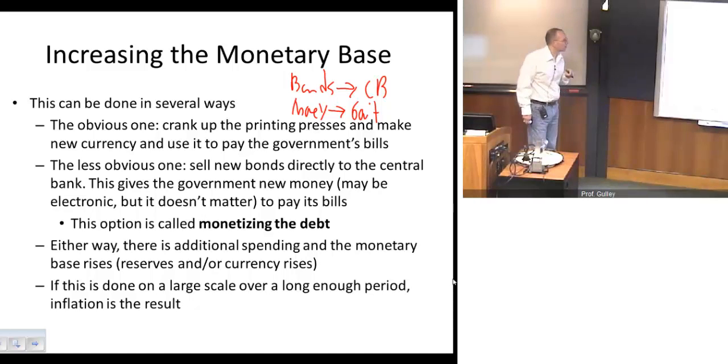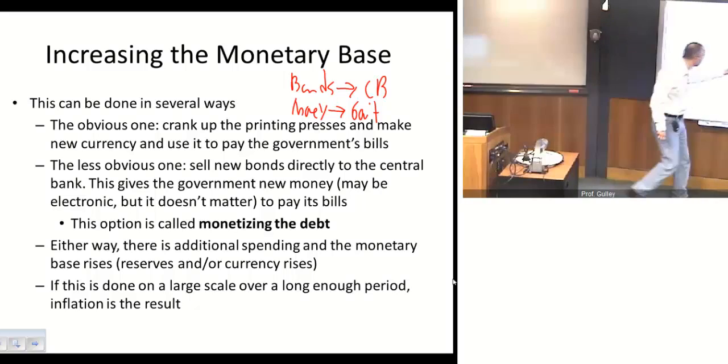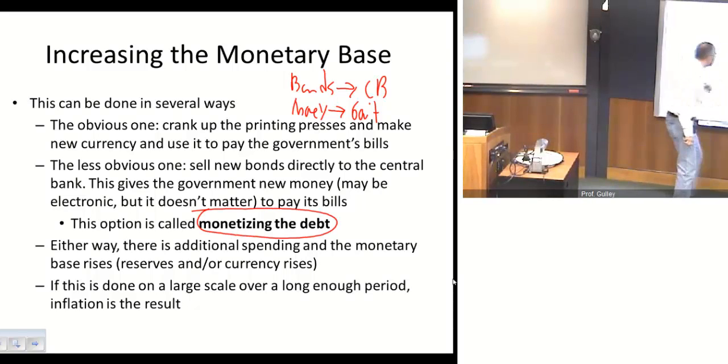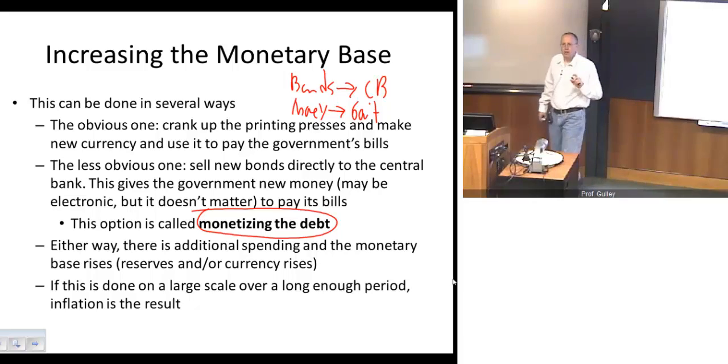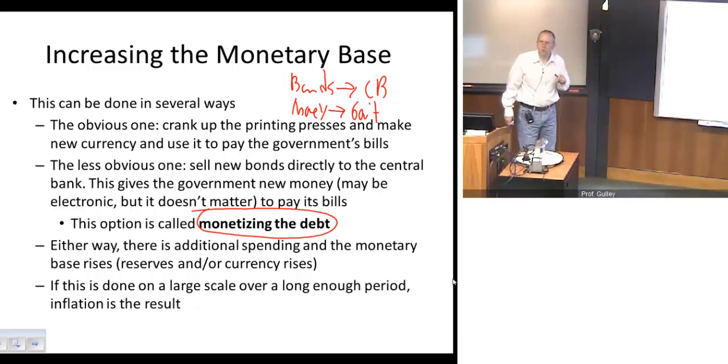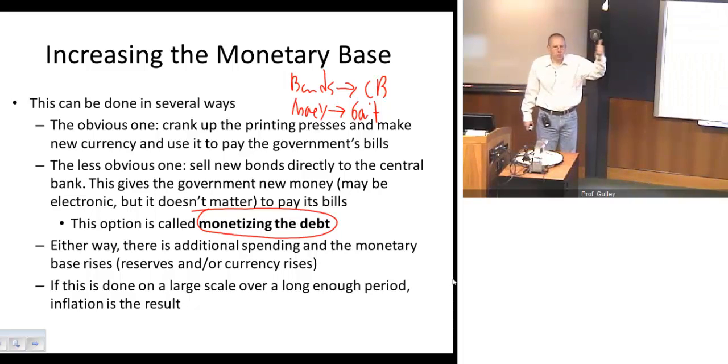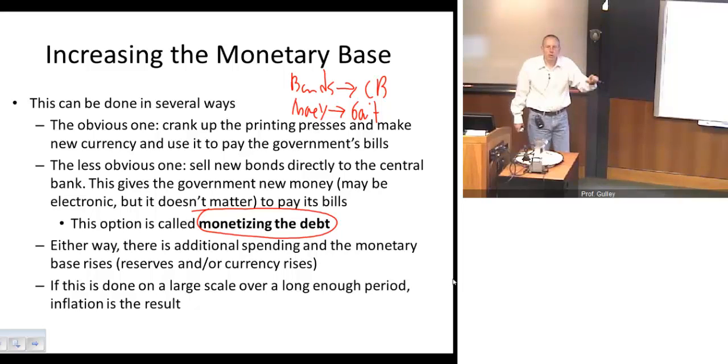Here's the crucial thing. If a central bank does that, that effectively increases the money supply, increases the monetary base. And this has a special name. This is called monetizing the debt. So the idea is we have new additional spending in the economy. Unlike the previous two examples, where we had the government financing additional spending by raising taxes or borrowing, here we've got additional spending because spending wasn't drained out of the private sector through raising taxes.